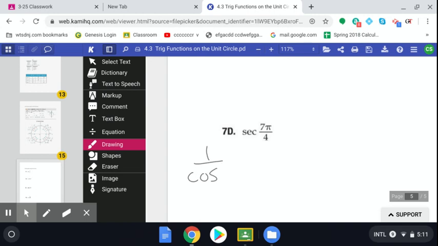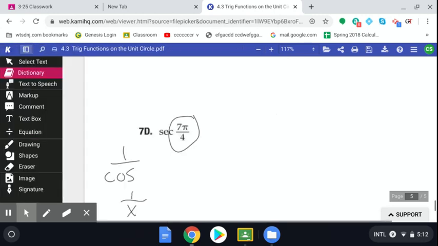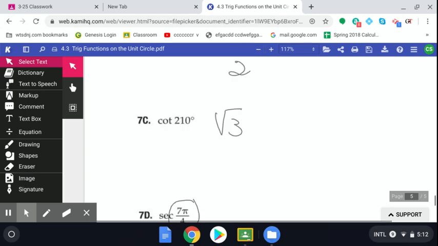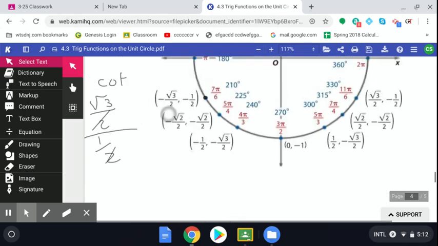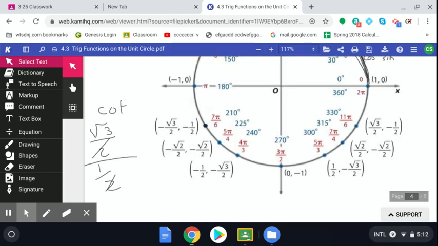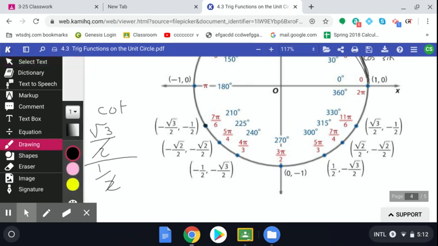So now I have to do 1 over the x-coordinate of that. 7 pi over 4 is over here, which is coterminal with negative pi over 4.